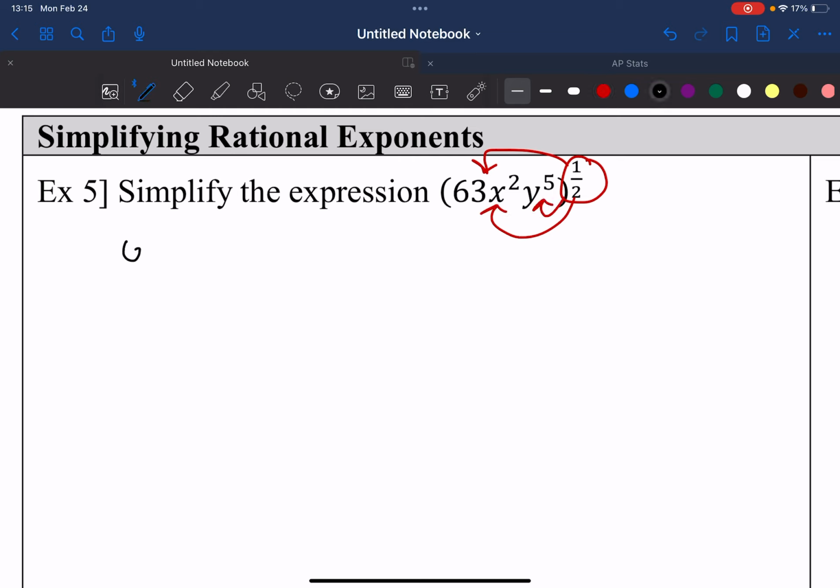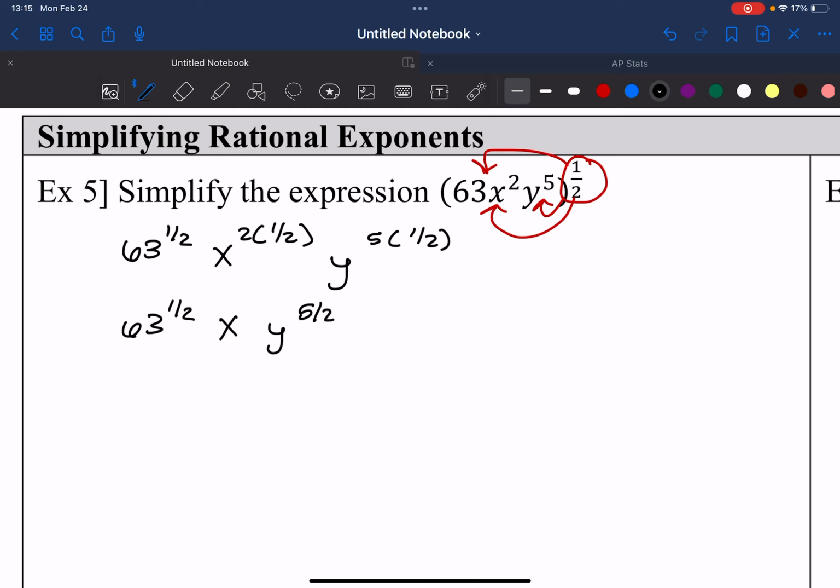So that means this is 63 to the 1/2 power times x to the 2 times 1/2 power and y to the 5 times 1/2 power. Okay, so that means this is the same as saying 63 to the 1/2 times x, because 2 times 1/2 is 1, x to 1 power is just x, and then y to the 5/2.